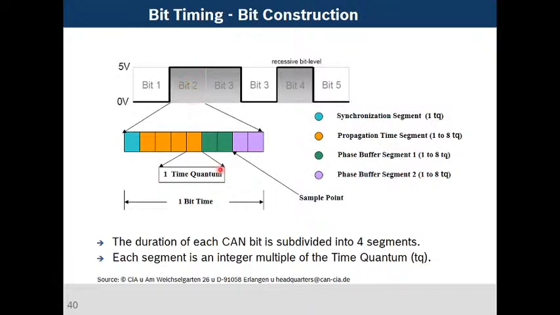That one bit has multiple time contents. The synchronization segment is one time quantum, and the propagation time segment is 1 to 8 time quanta. It's how a single bit is divided into multiple segments, and based on that time content, it is transferred on the physical bus.